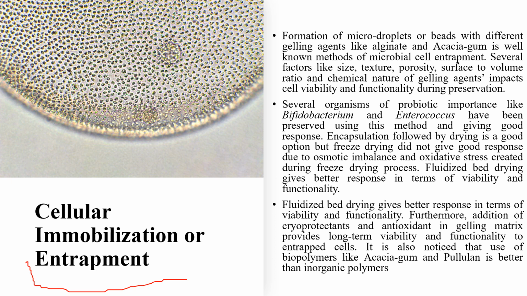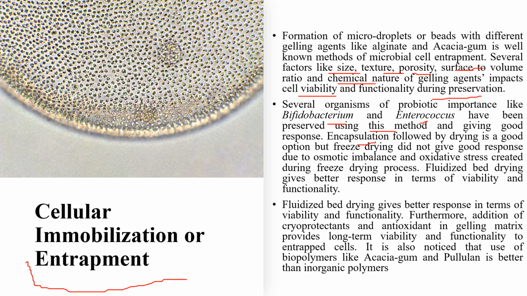Several factors like size, texture, porosity, surface to volume ratio, and chemical nature of the gelling agent impact the cell viability and functionality during the preservation process. Several organisms of probiotic importance like Bifidobacterium and Enterococcus have been preserved using this method and are giving a good response.